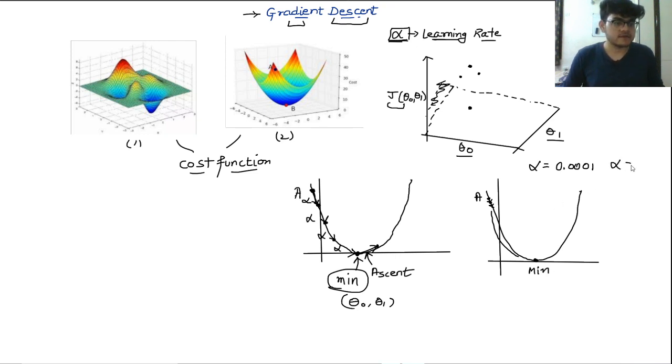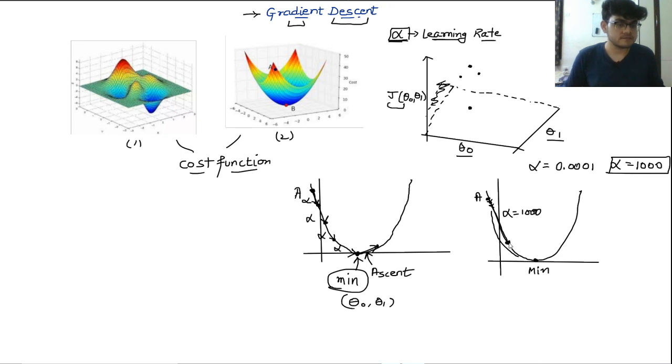And if you try to take alpha too large, let's say you take 1000 as alpha. So what this will do is, from this point it will jump to this point, and let's say this is alpha equals 1000. Then again it is going to take alpha steps.